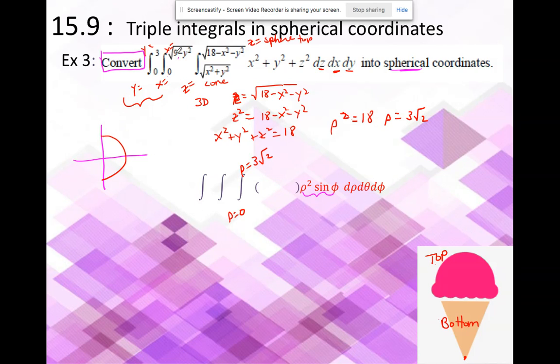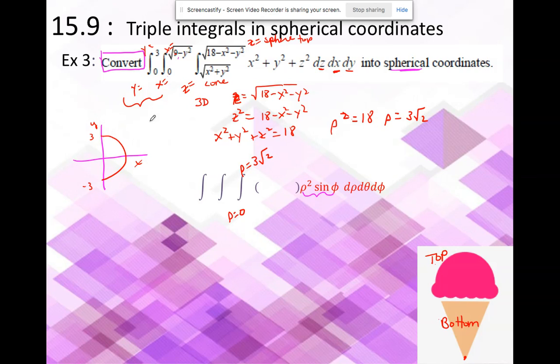With a radius of what? 3, right? All right. So if I'm only going from, right, the x, remember, that's on the xy plane.